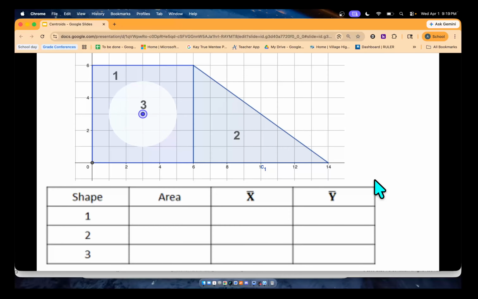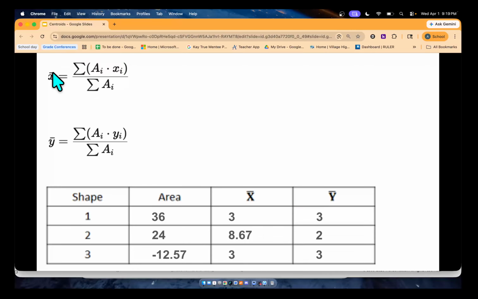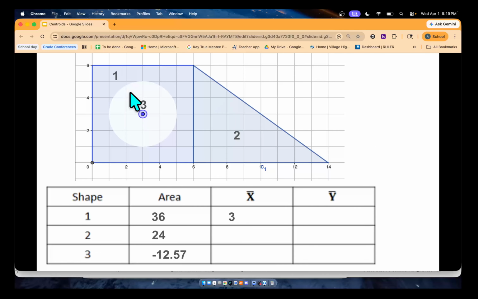This table right here is going to help you keep this information organized because once you have all that stuff in the table, you can plug and play into these formulas to figure out the x part of your point and the y part of your point. We would just take the sum of the data, and I'll talk a little bit more about that. But first, we have to get our area and our centroids of each individual simple shape.